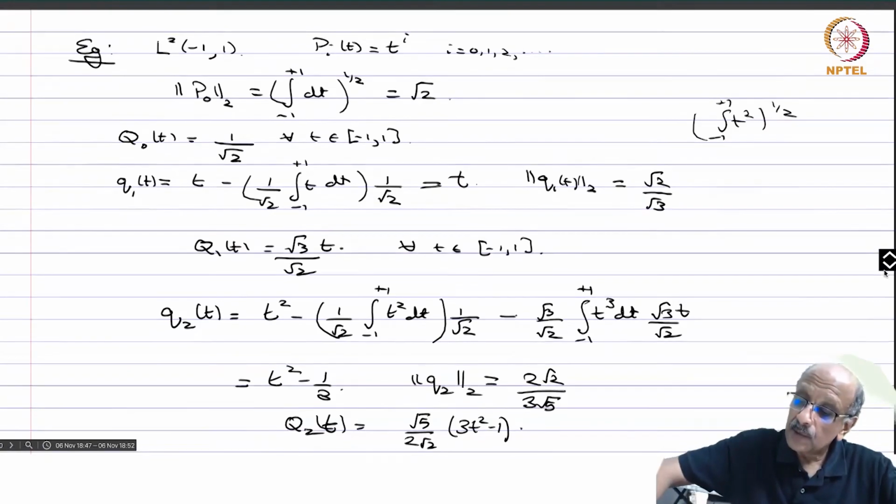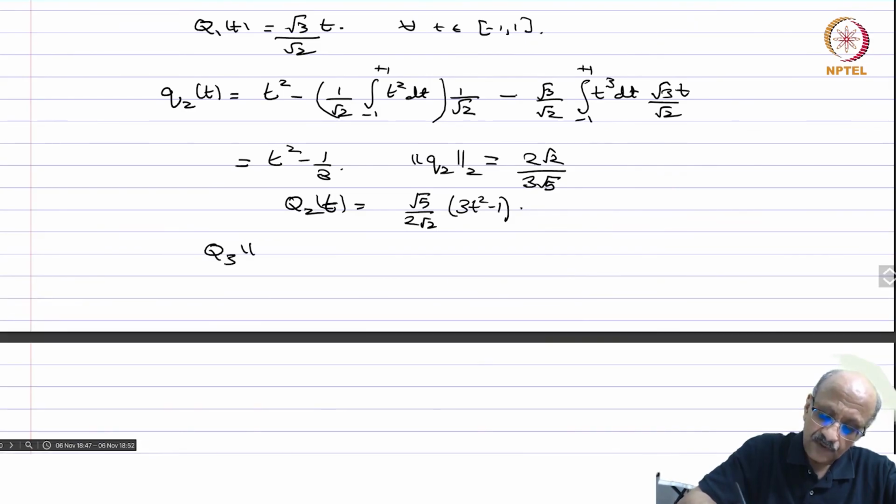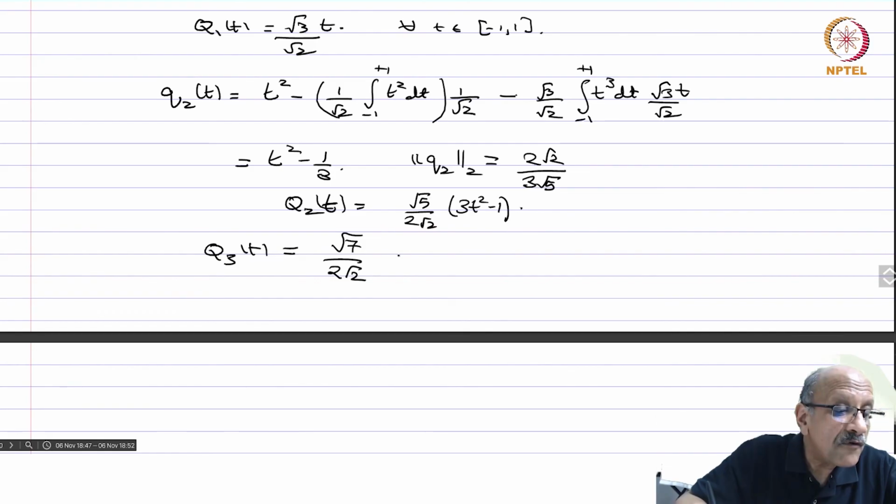Similarly, you can proceed like this, and you can show, for instance, that q3 of t will be equal to root 7 by 2 root 2 of 5t cubed minus 3t.